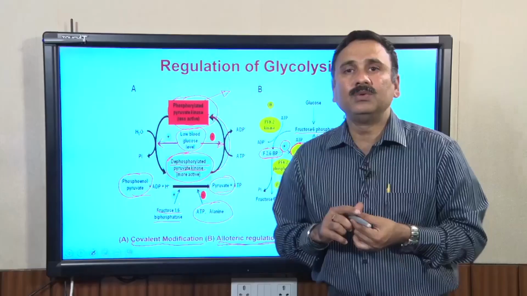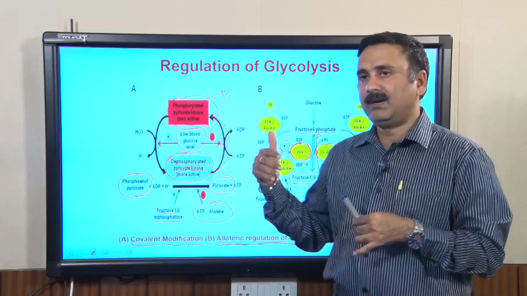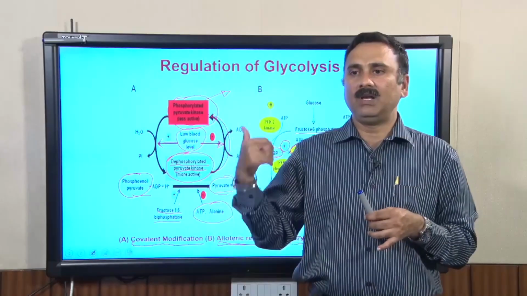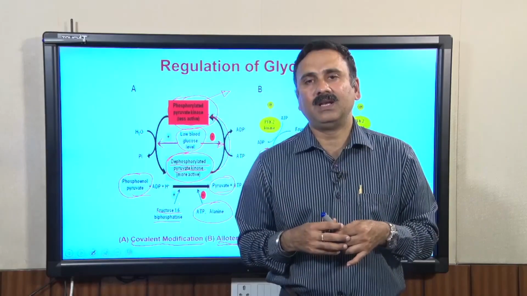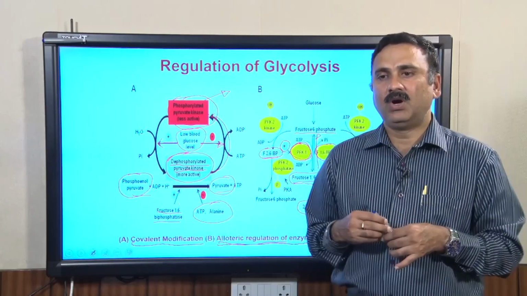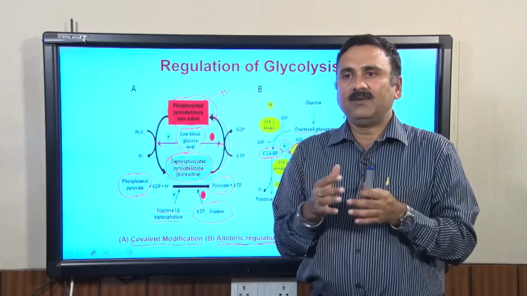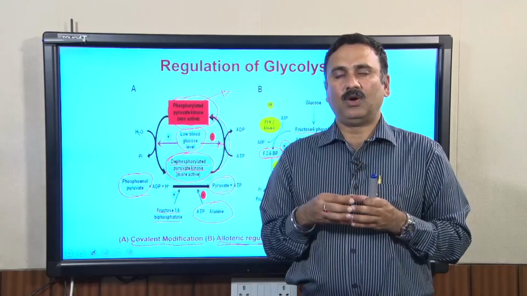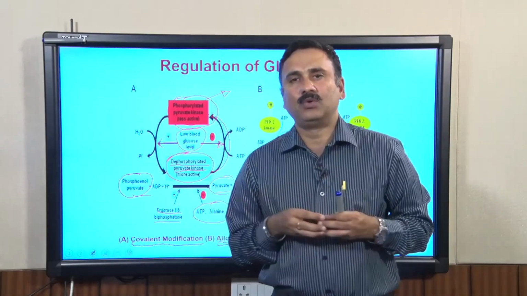Now, let us move on to the next reaction. Once you have generated the pyruvate, it will enter the next metabolic reactions. Pyruvate, once it is generated in the cytosol, is transported to the mitochondria.